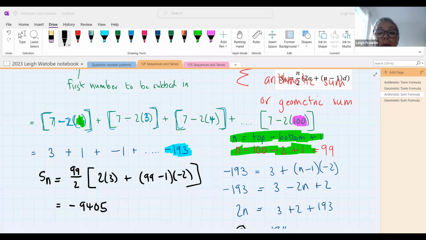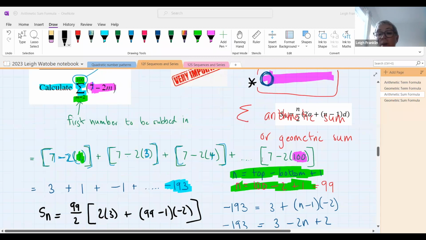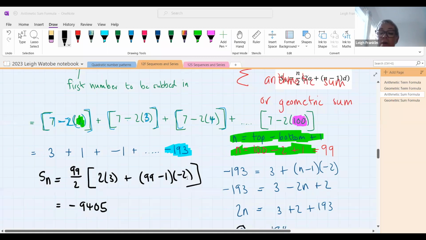I just want to go back because Snokuhle, you asked, ma'am, why did you jump to 7 minus 2 times 100? Because 7 minus 2 times 100 is the last term of the pattern. It's not that 100 is the last term. When 100 is subbed in, the last term is created. So by subbing in 100, 7 minus 2 times 100 minus 193 is the last term of the series.